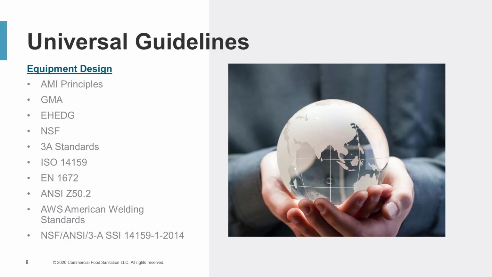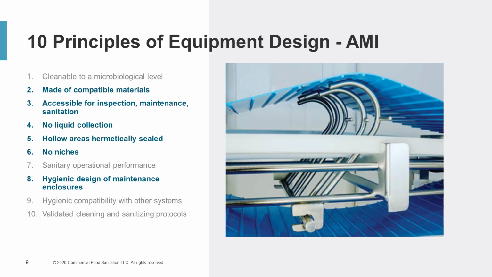Or you can get more specific guidelines with, for instance, EHEDG, European Hygienic Engineering and Design Group, which you have to be a member of or pay for guidelines like specifically for welding, etc. In this course, we will use the 10 principles of equipment design from AMI for wet sanitation, as these principles apply very well for any product and environment. Of the 10 principles, I will highlight the ones that are most applicable for conveyors.